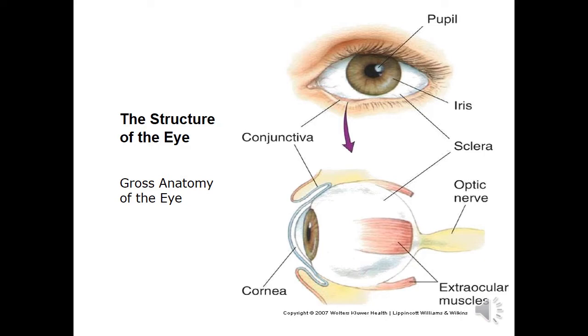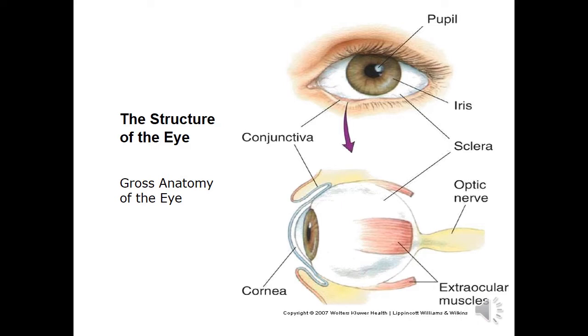Here you can see the structure of the eye. The human eye is the most complex organ of the human body. It is spherical in shape and its diameter is approximately 20 mm. Like a camera, it converts visual information into neural signals which are processed in the brain, and accordingly image formation is done and we can visualize the image.